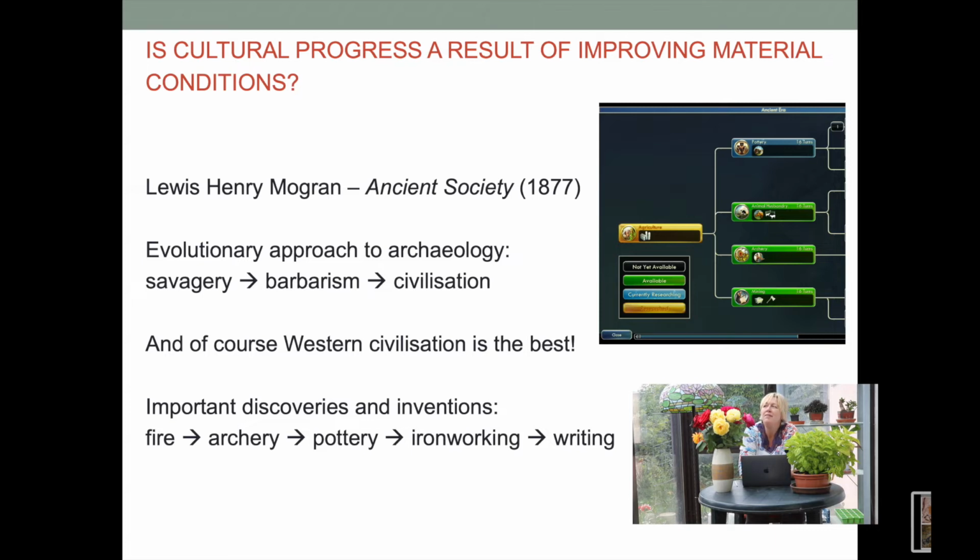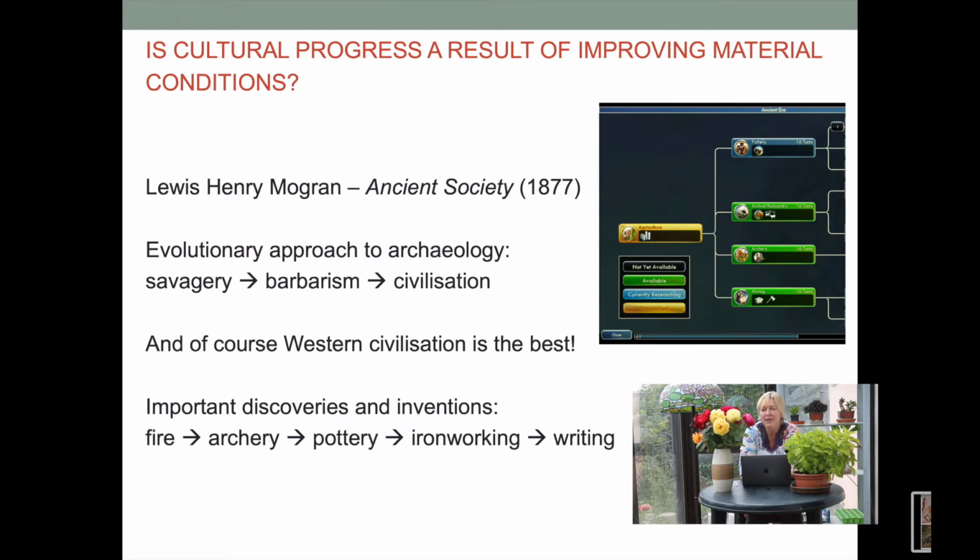If you have ever played, there is this old computer game, Civilization. And this is a slide showing this sort of progress that you can achieve in the game. So if you discover fire, you can discover other things then.